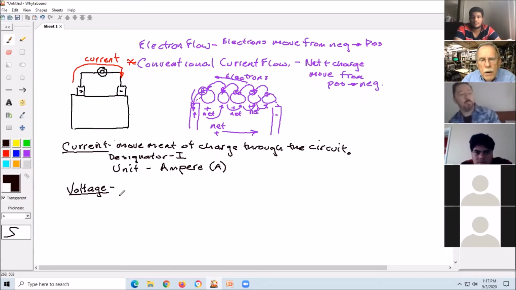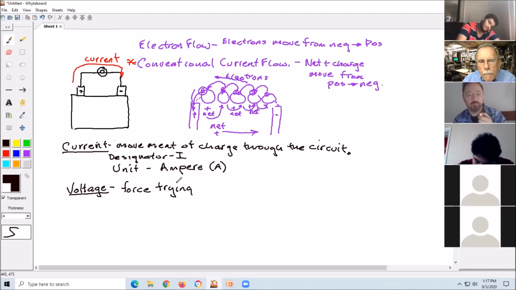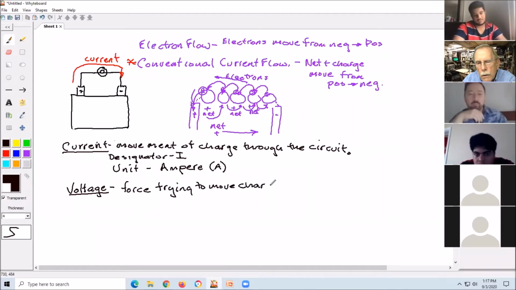You can think about voltage as the force trying to move charge through the circuit.